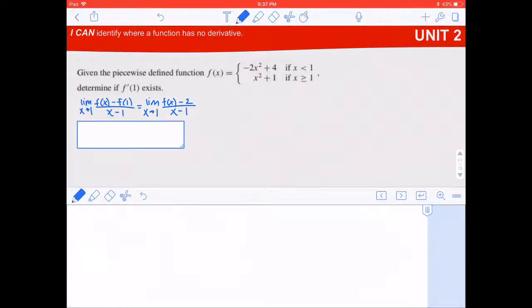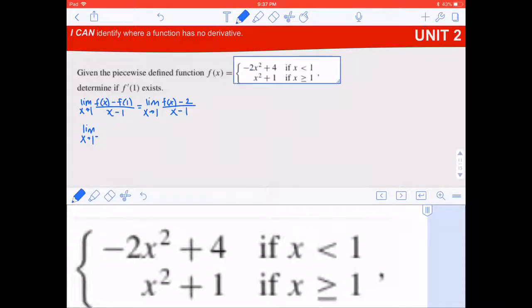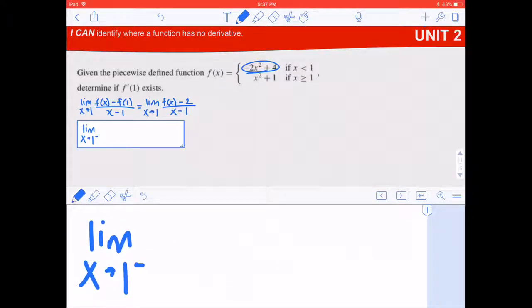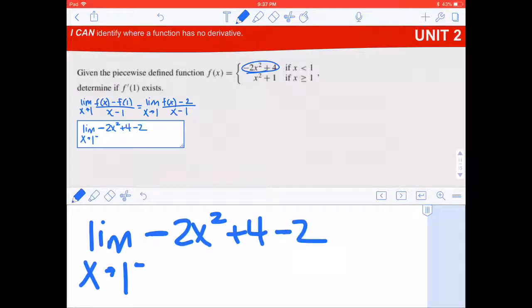So what we're going to do next is just go ahead and investigate the left and the right hand side. So from the left side, our f of x is going to be this top part. So I'm going to plug that in for f of x here. And then we have the minus 2 all over x minus 1.